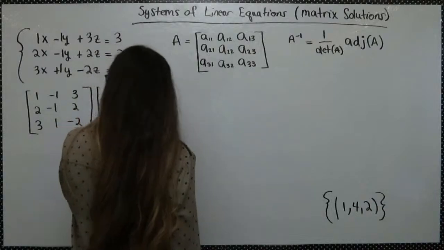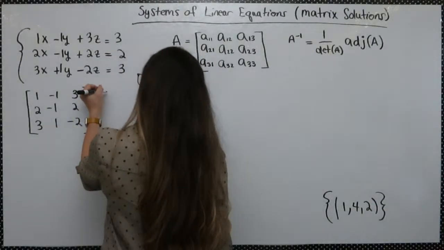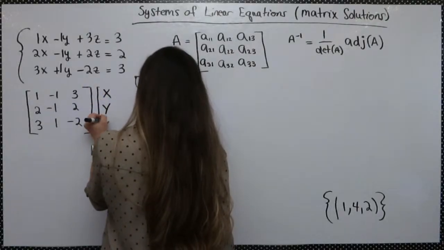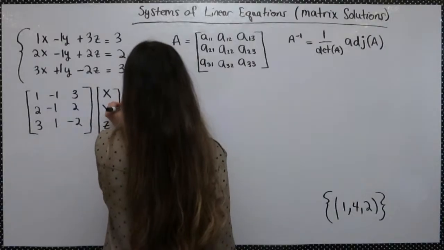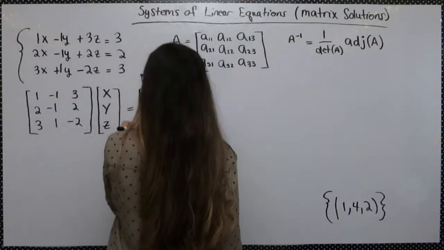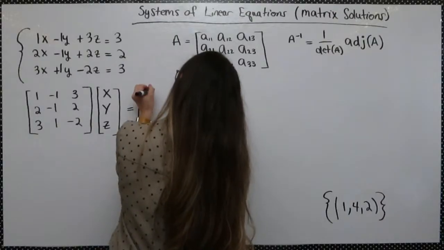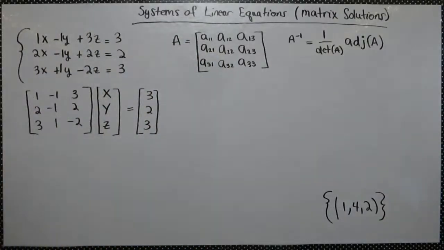All right, so we're going to multiply our coefficient matrix by our variables, x, y, and z, and that's going to equal your constants, 3, 2, 3. This is kind of how you're supposed to set it up.